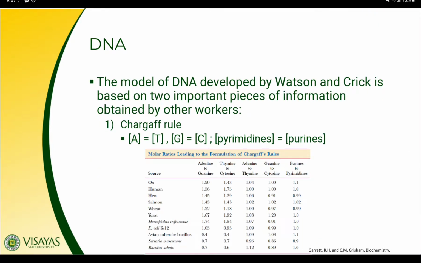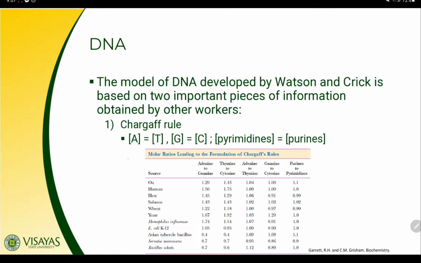Now this model was formed based on two important pieces of information obtained by other workers. First, we have the Chargaff rule. This simply means that the concentration of pyrimidine bases is equal to the concentration of the purines.